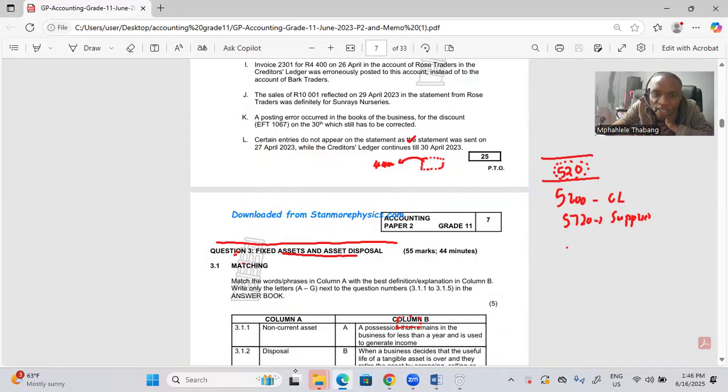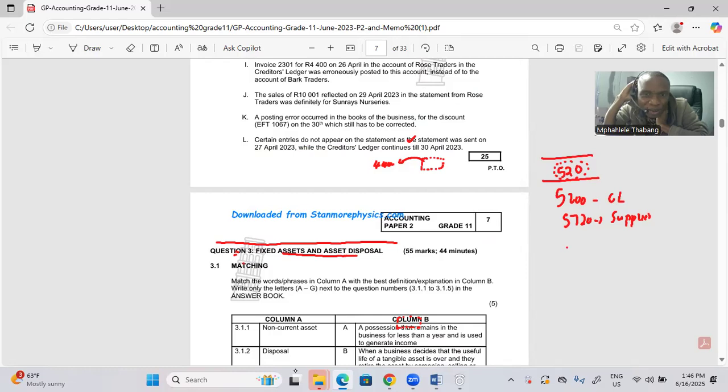Okay, a posting error occurred in the books of the business for the discount, EFT 1067 on the 30th, which still has to be corrected. It means that an error occurred in the creditor's ledger.